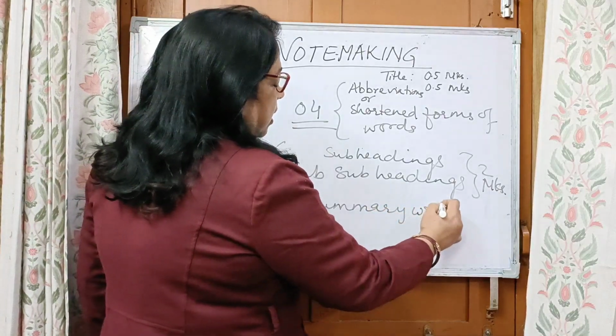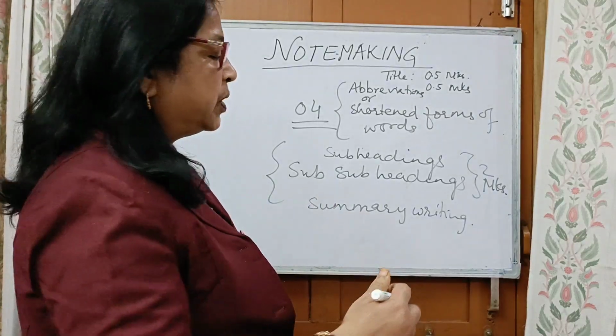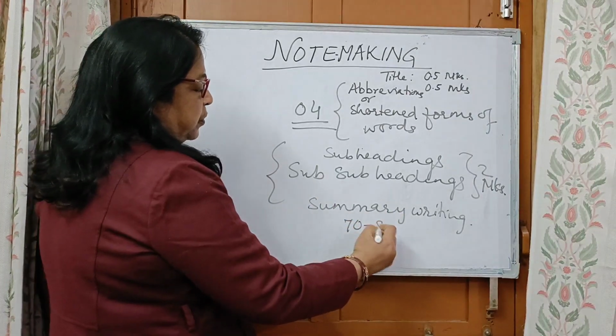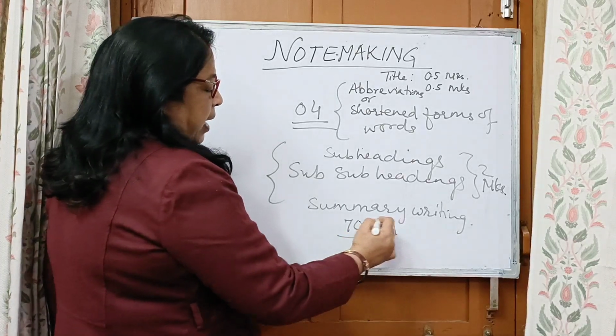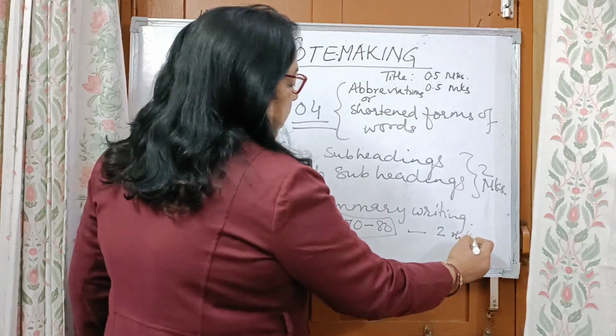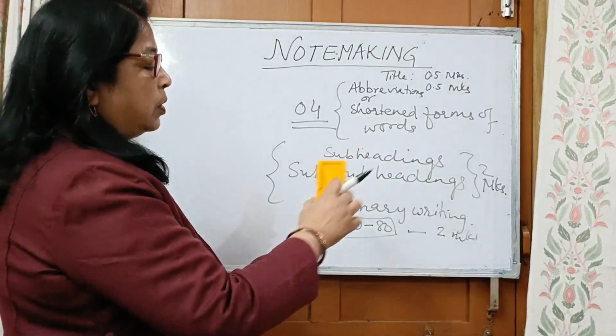Summary writing earlier carried 3 marks and it had to be written in 80 to 100 words. This year you can write it in 70 to 80 words and it will carry 2 marks. So in total it is of 5 marks, but the exercise is a long one.